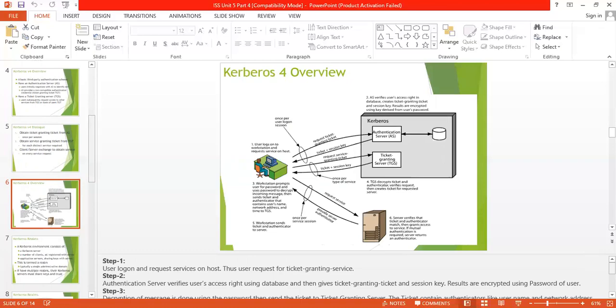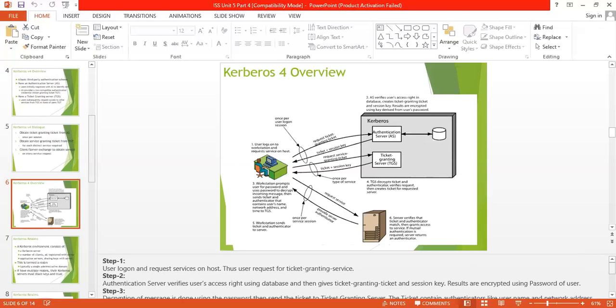So the user requests a ticket granting service. In step 2, the authentication server verifies the access right using the database, and then gives a ticket and session key. The result is encrypted using the password of the user.